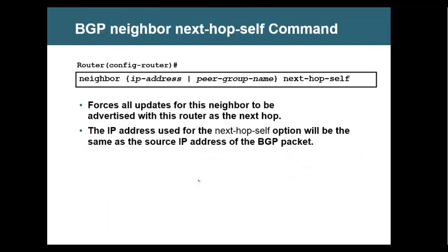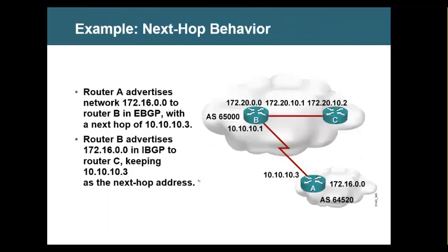And also we learned that because of the next hop behavior, the internal router has got no reachability to this IP address. So we need to say next-hop-self here. We need to go to router B and say neighbor IP address of router C, next-hop-self.